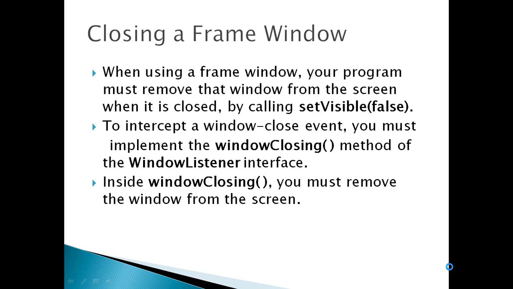To intercept a window closing event, we must implement the windowClosing method of the WindowListener interface, and these interfaces and methods we are studying in the third chapter. Only keep in mind that when we want to intercept a window close, we need to use the windowClosing method of the WindowListener interface. Inside the windowClosing method, we must remove the window from the screen.